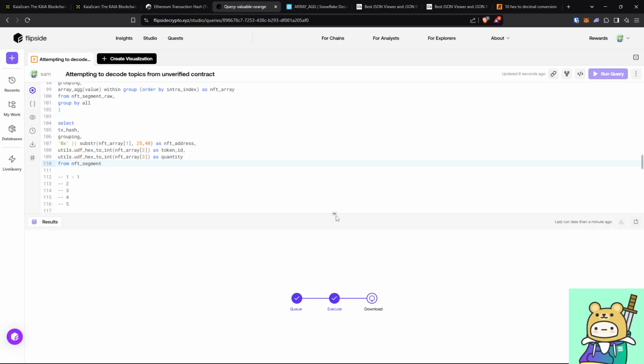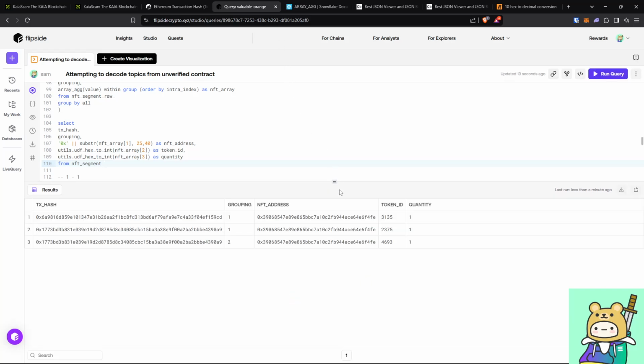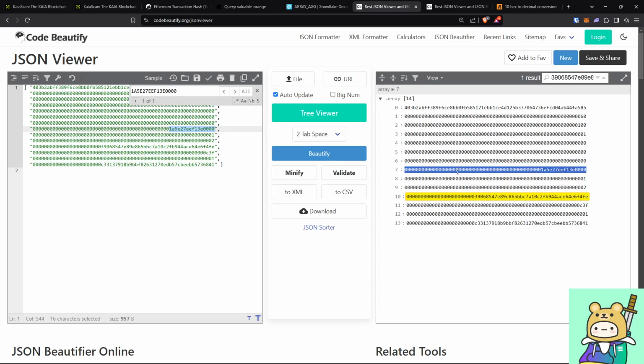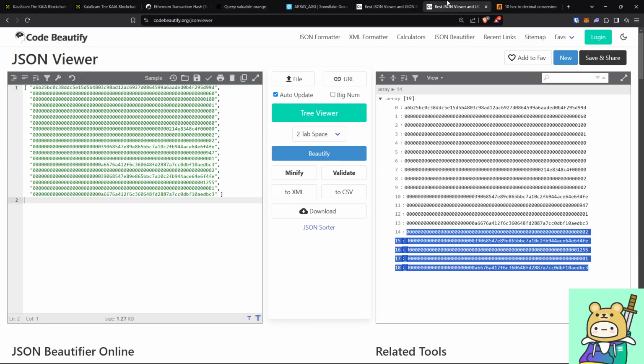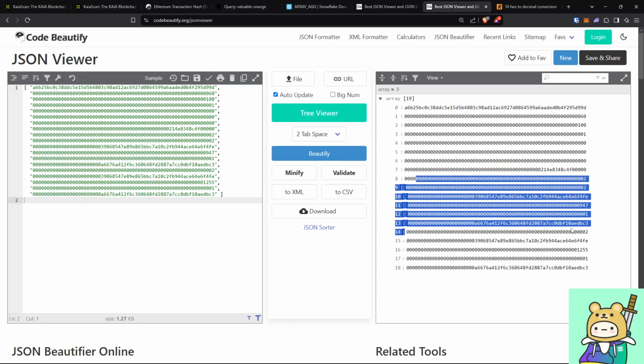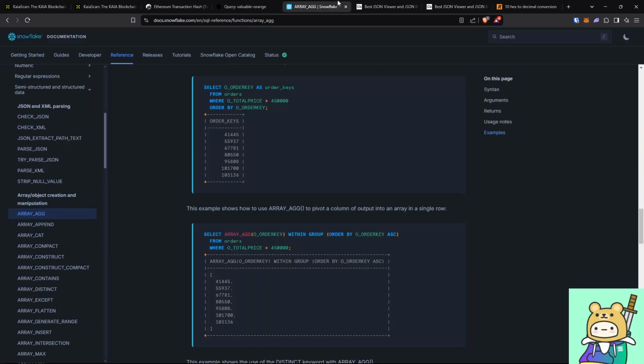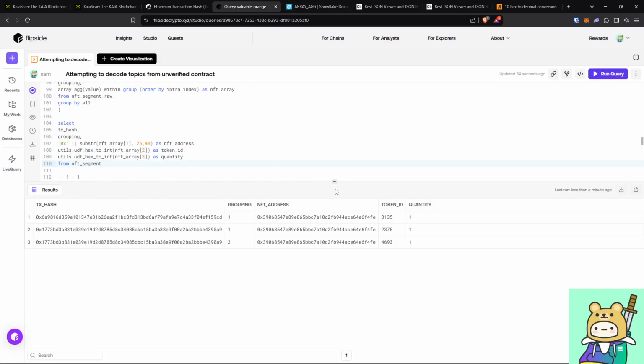Should be enough of me yapping to show you how to get the NFT address and token ID. But yeah, that's how you extract NFT address and token ID from data that has potentially more than one NFT address, right? How do you dynamically extract data here and data here? This is exactly how you do it.